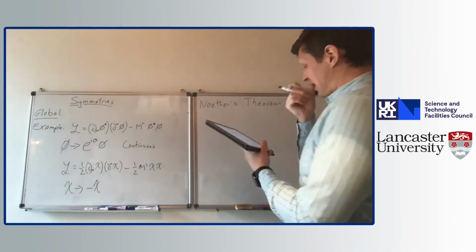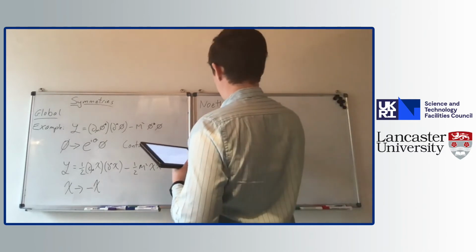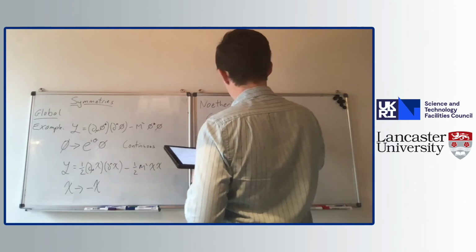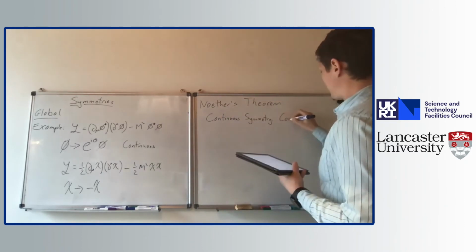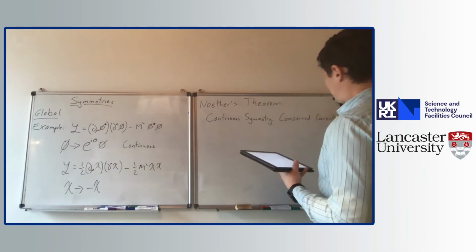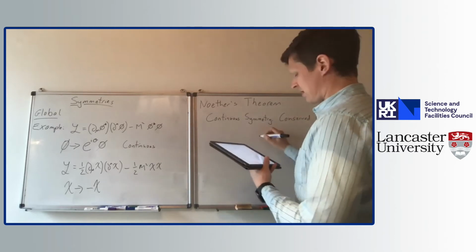Noether's theorem basically says that for a continuous symmetry, you get a conserved current. And what I mean by conserved current is a divergenceless current.